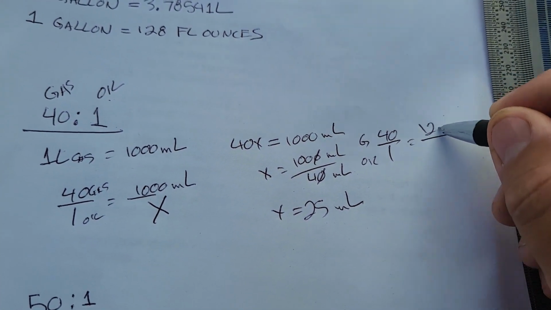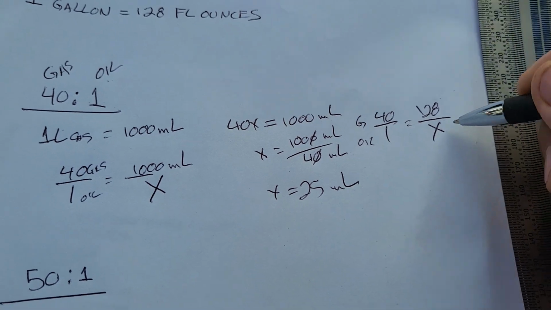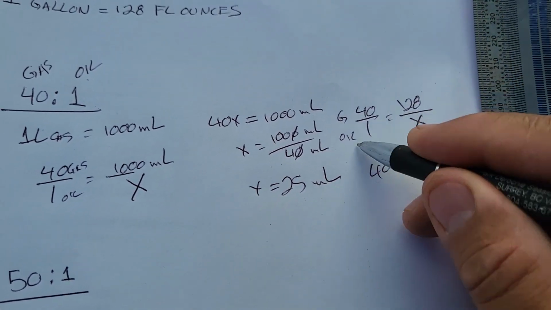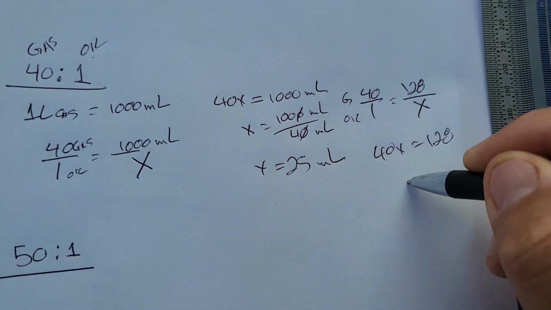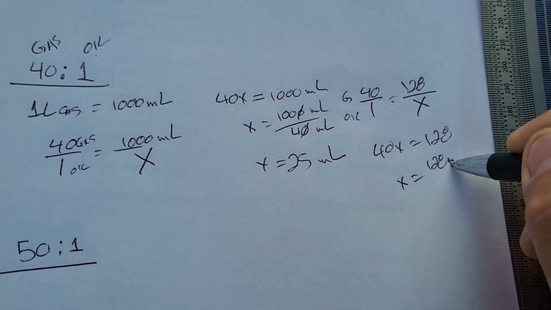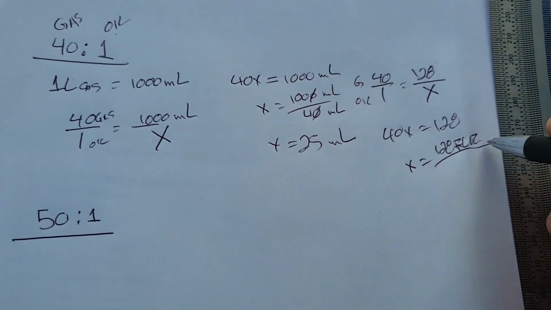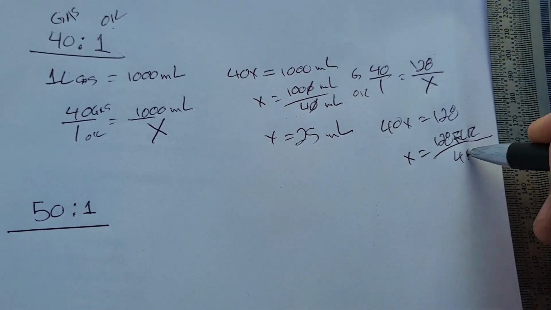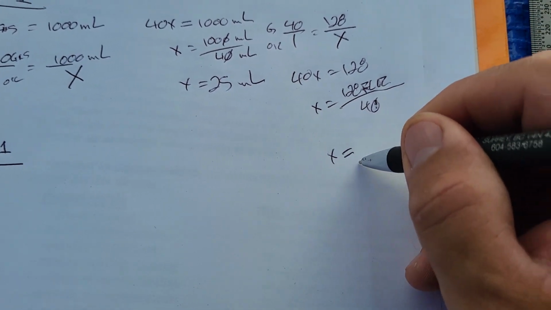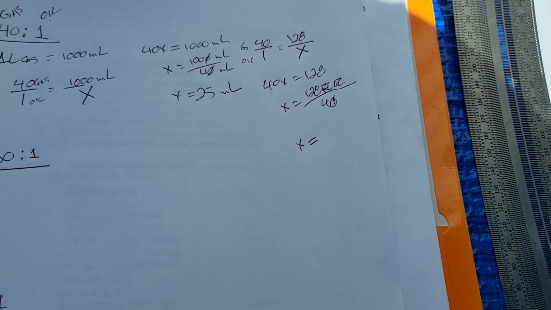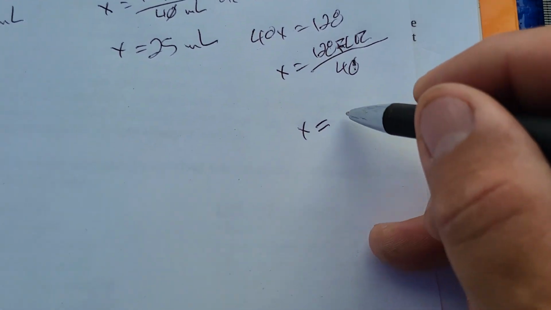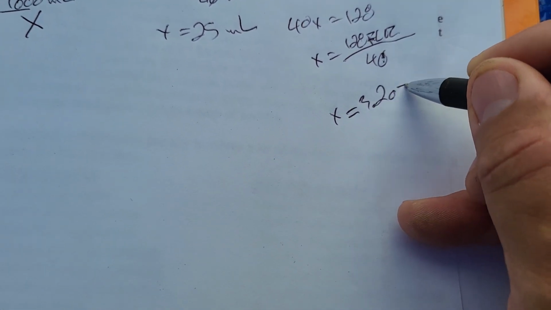So 128 over x. Okay, so you multiply these two, 40x. Multiply these two, 128. So 40x equals 128 fluid ounces. If I were to have a calculator, you would get something like 3.2 ounces.